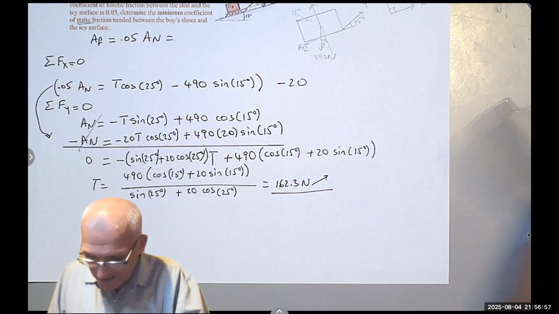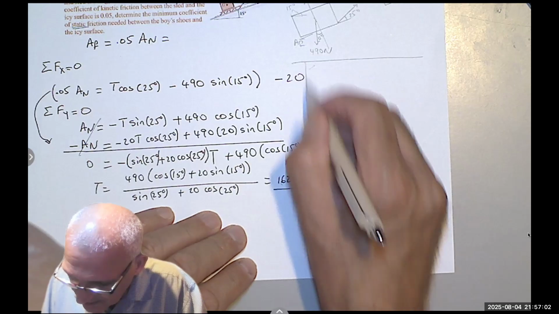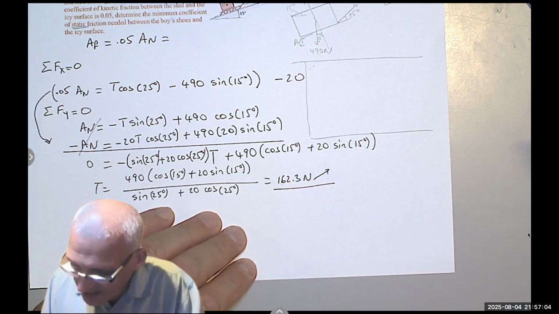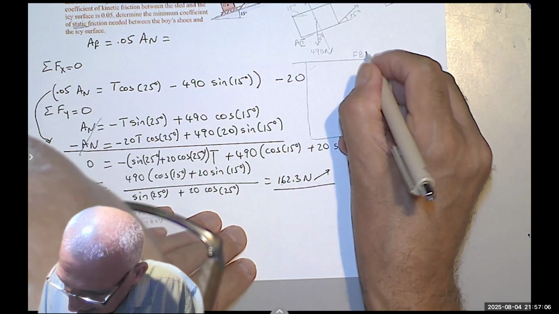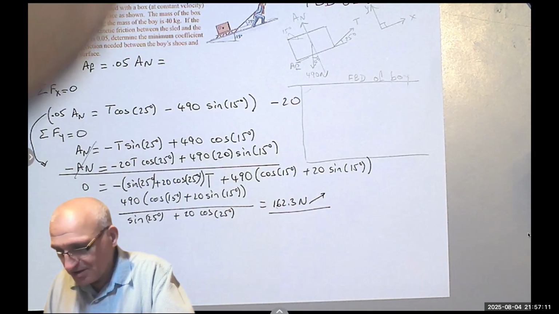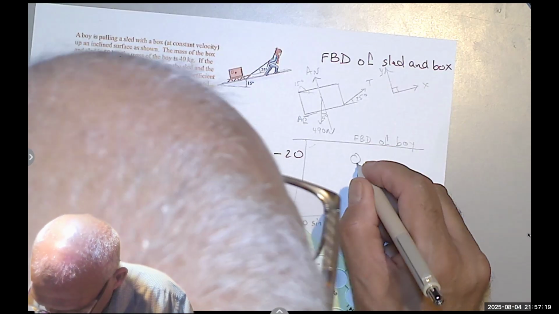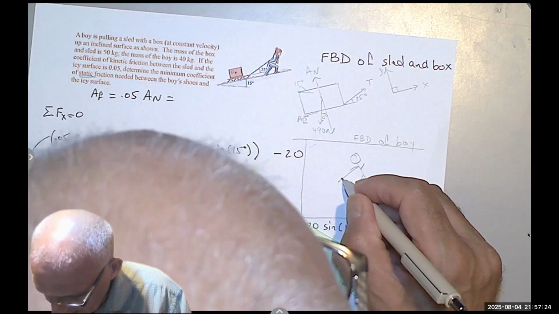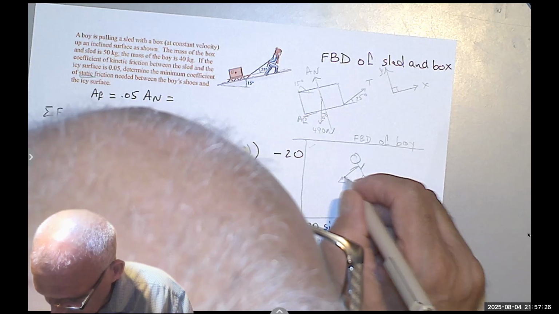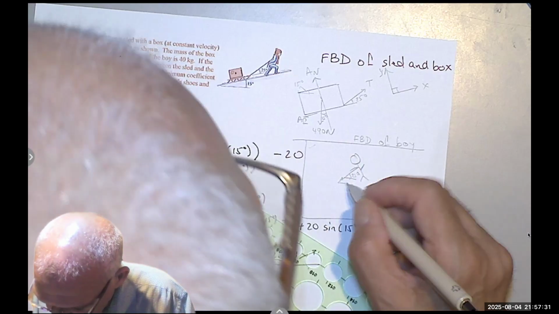We don't have enough space, so I'm going to draw the free body diagram of the buoy here. Free body diagram of the poor boy who's trying to survive here. Here's the boy. He's pulling the cable that makes 25 degrees with the incline.